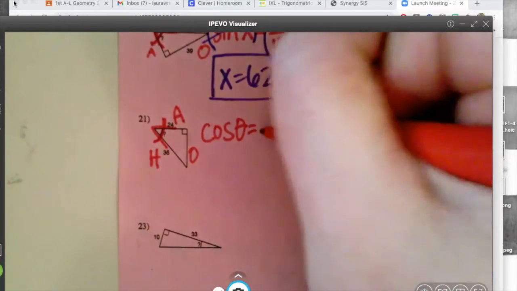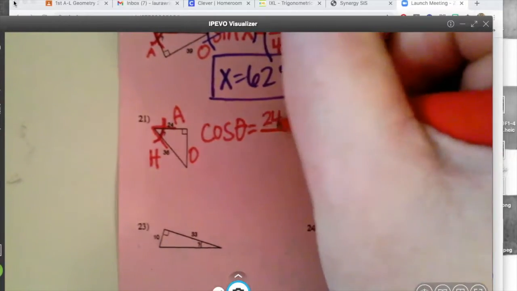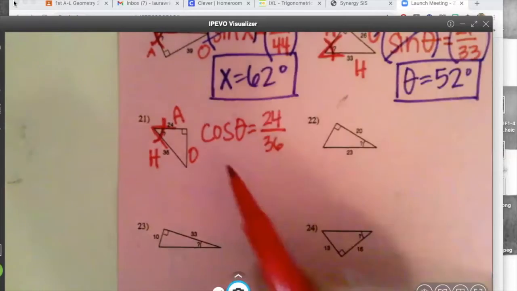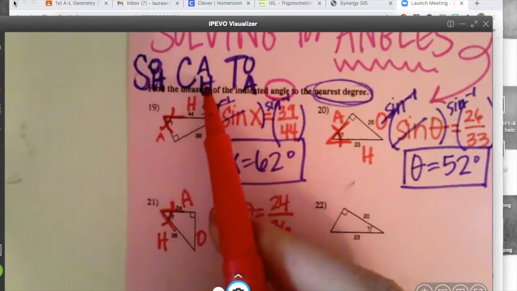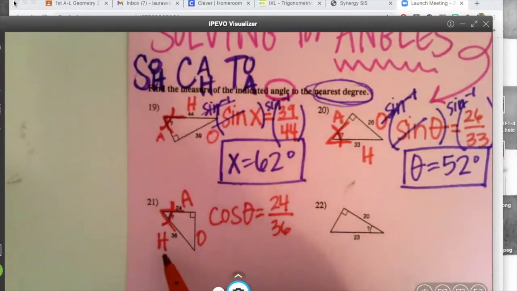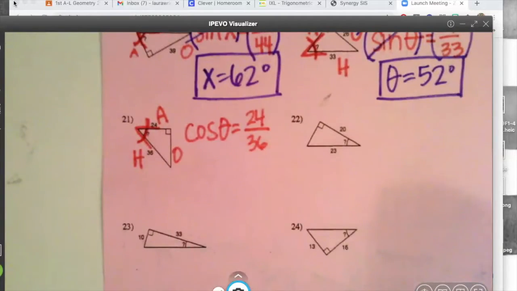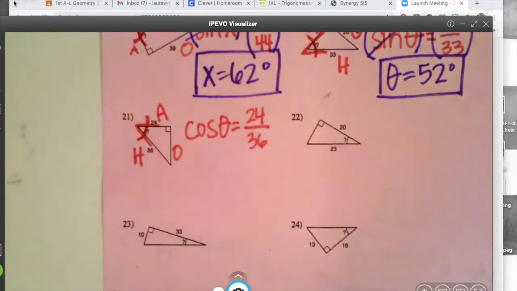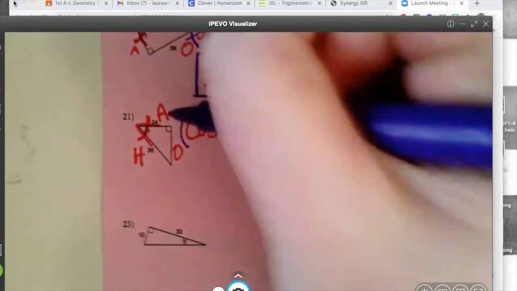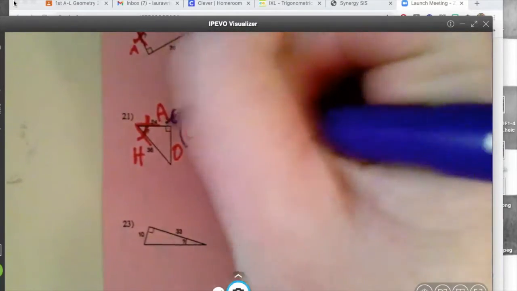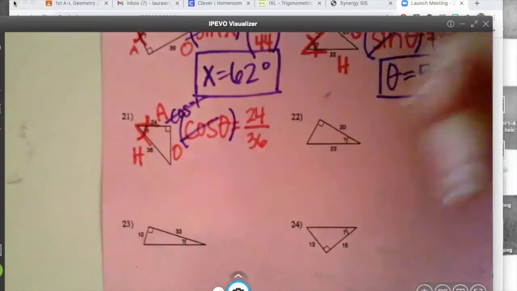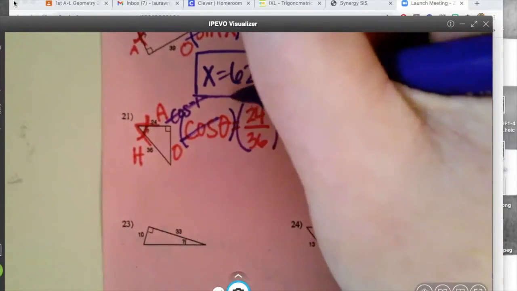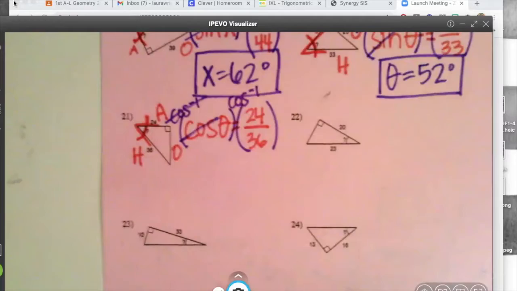So cosine of theta equals 24 over 36, because cosine is adjacent over hypotenuse. The adjacent is 24. The hypotenuse is 36. So now we're just going to hit that little inverse for cosine instead of sine. The inverse of cosine cancels with cosine, but we've got to keep it the same on both sides.